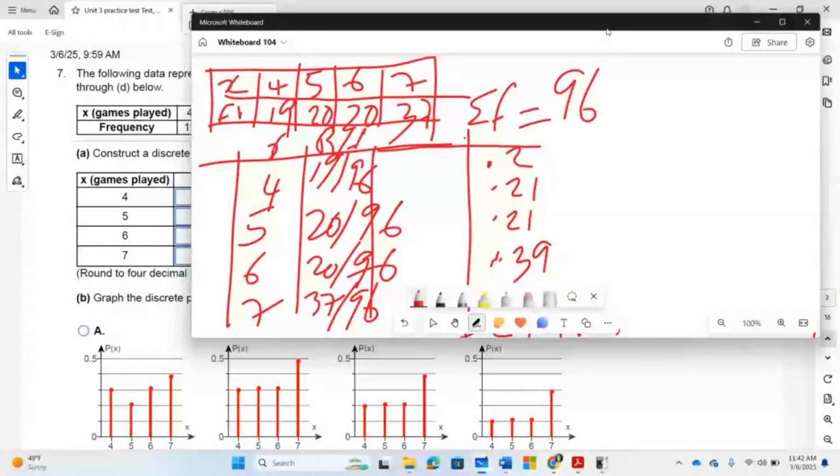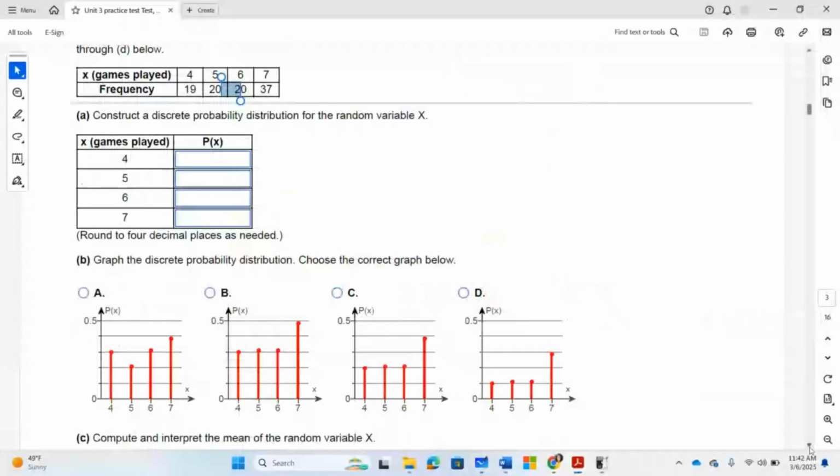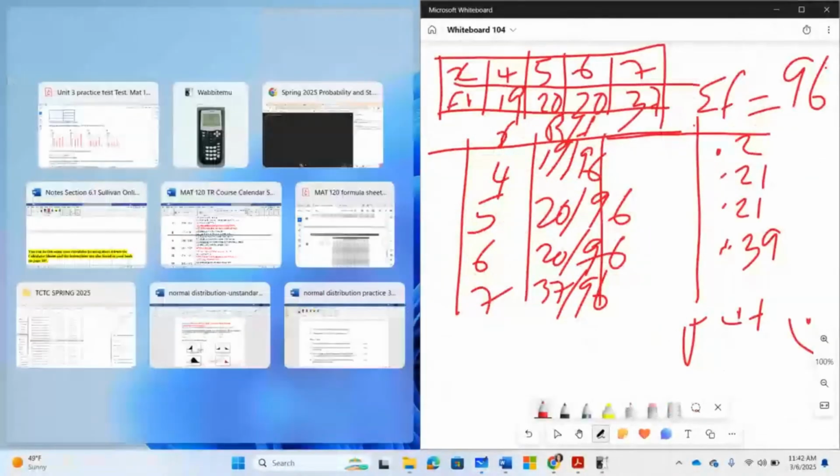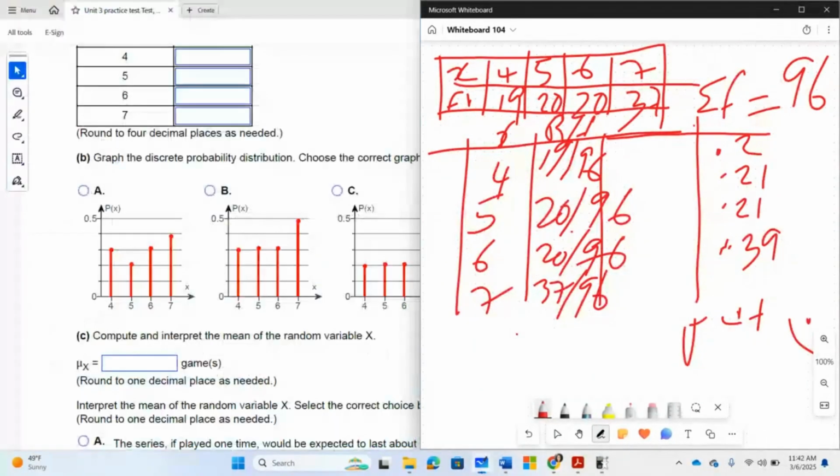Now I'm about to look at the probability. The highest probability is the last one, 0.39. So the first one is the smallest. So it cannot be this, because the first one is the smallest.